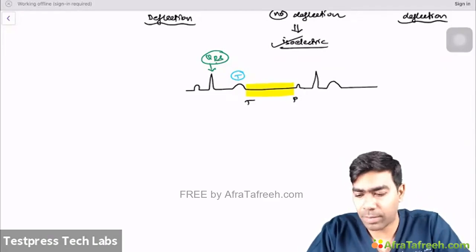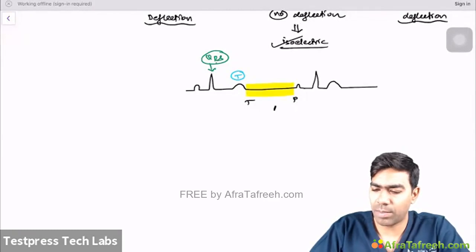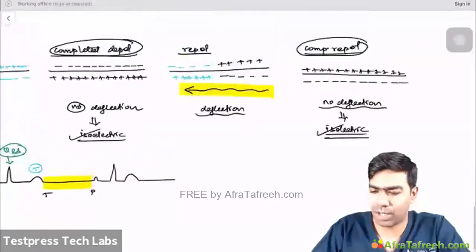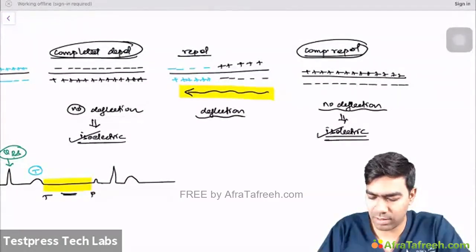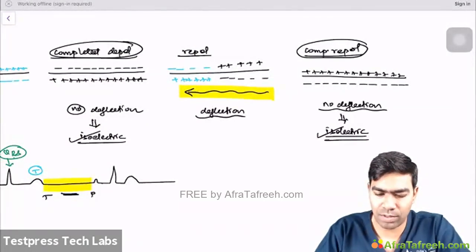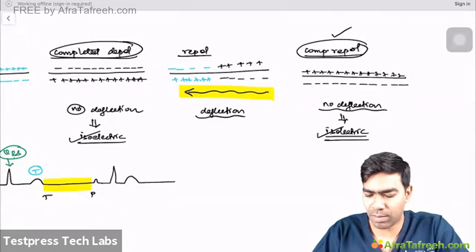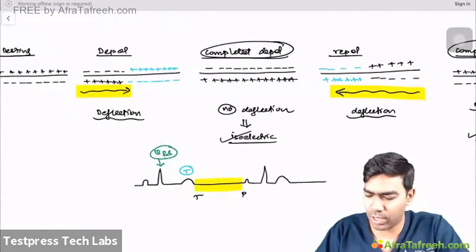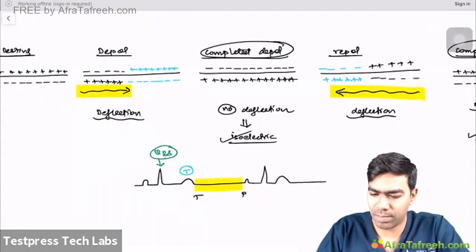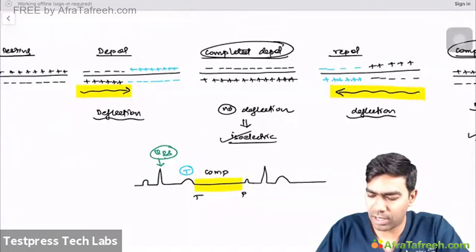That's a TP segment. And during this time, the repolarization is complete. So if you ask where this area is, it will be at this place where the repolarization is complete and the cells have come to the resting state. I can write this is the place of completed repolarization. Clear?